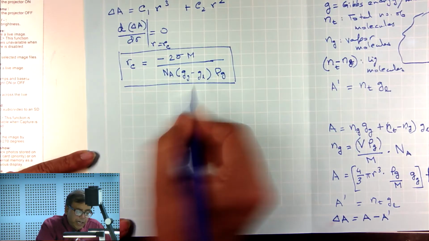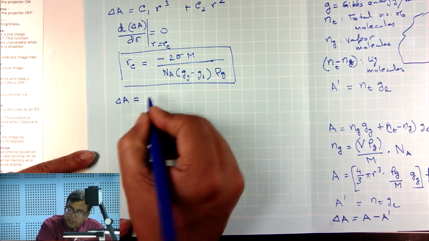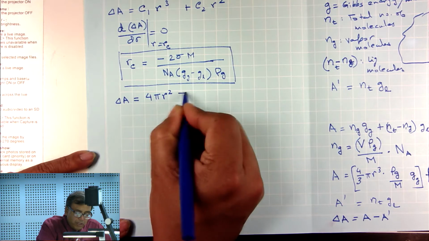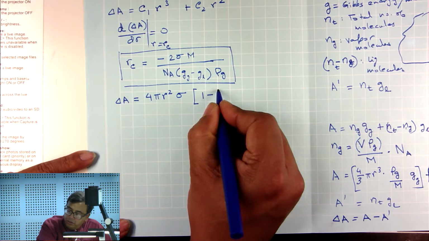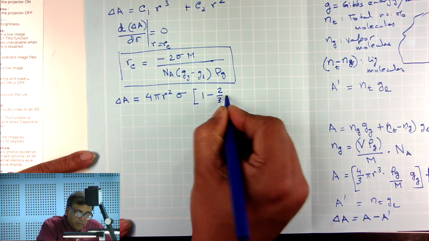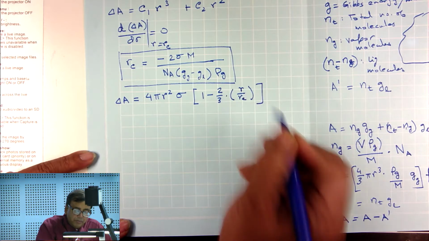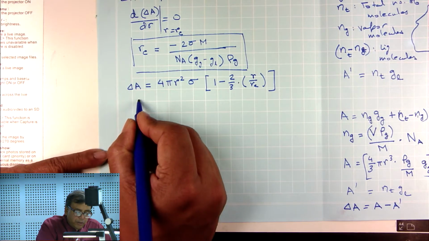So, if I do that, I can recast my equation for delta A, and the equation for delta A then will become equal to 4 pi r square sigma times 1 minus 2/3 times r by r c, or I can write it in a non-dimensional form.